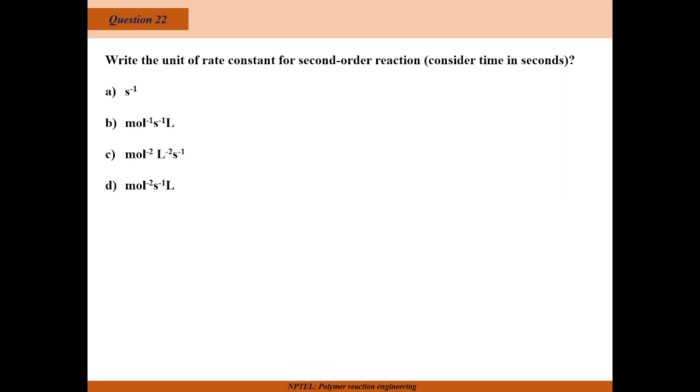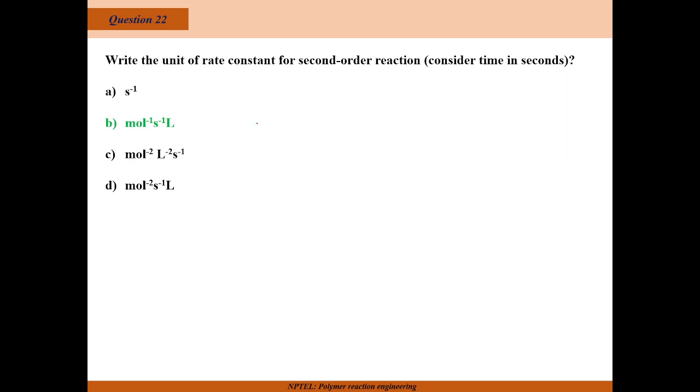So it should be the second one, mole inverse, liters per mole per second. Yeah, that is the answer. You can have a general form for the nth order reaction. I think I messed up the equation.